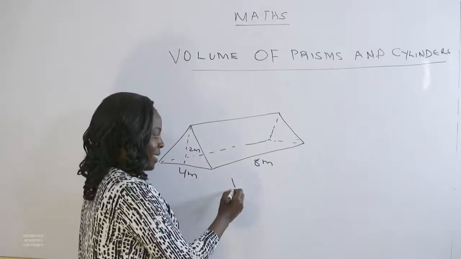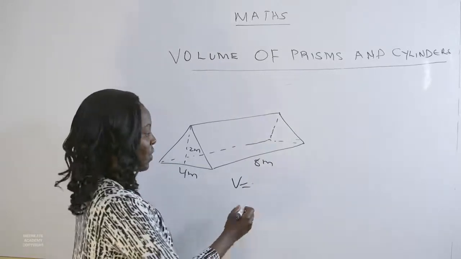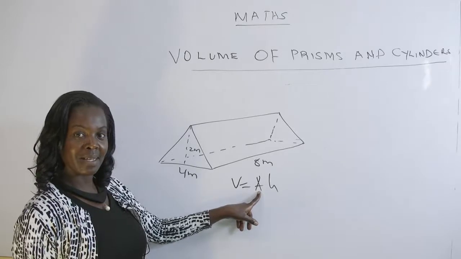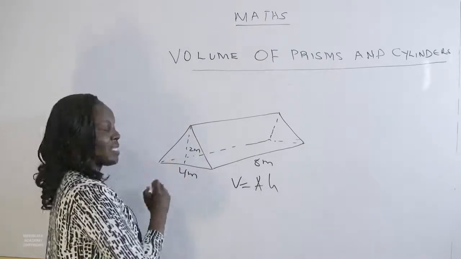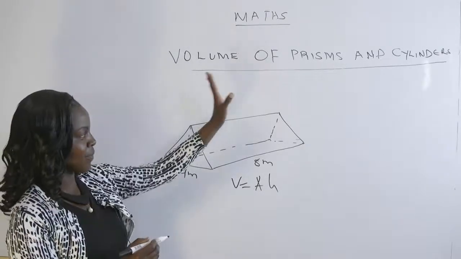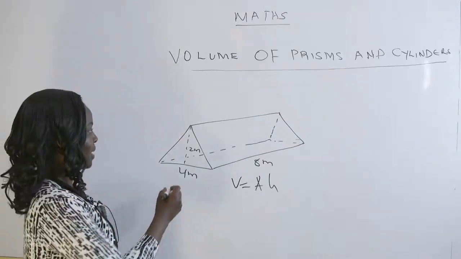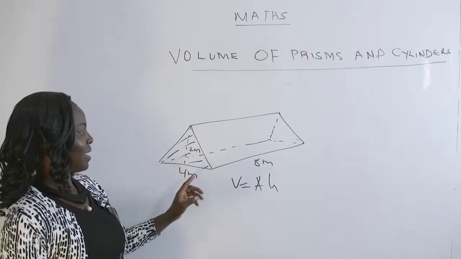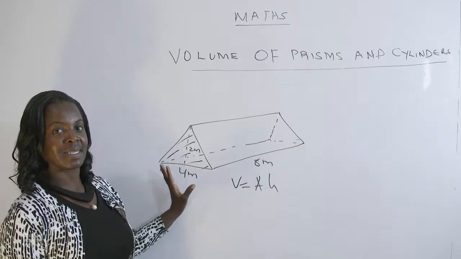Again, the same rule applies. Volume is equal to area times the height. And this area means base area. So for the base area, you look for the end that will have a uniform cross-section throughout. The end that will give us the uniform cross-section is this side, which is a triangle. This is a triangular prism.